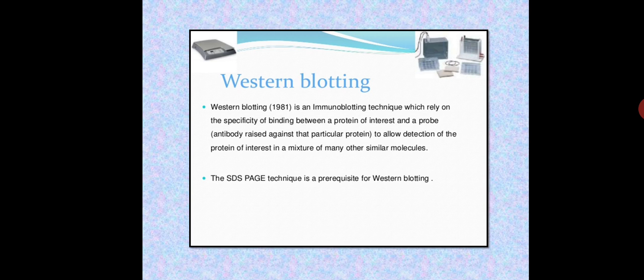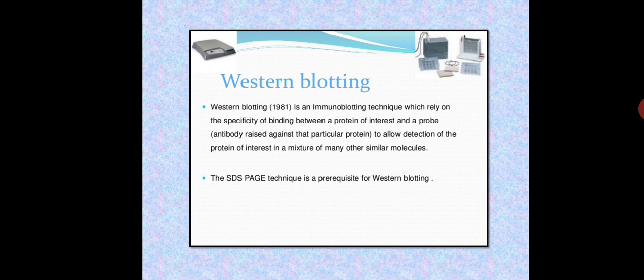Western blotting, developed in the year 1981, is an immunoblotting technique which relies on the specificity of binding between a protein of interest and a probe. Now see, this technique is different from the Northern and Southern blot techniques. How is it different?